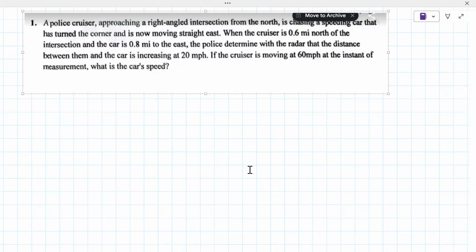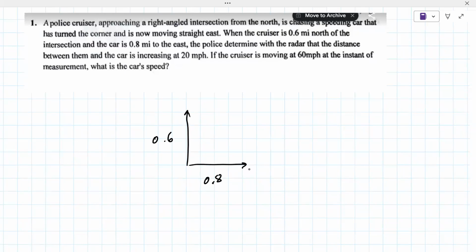It's a really complicated way of saying the cruiser's going this way and the car is going that way. The cruiser is 0.6 miles and the car is 0.8 miles away.